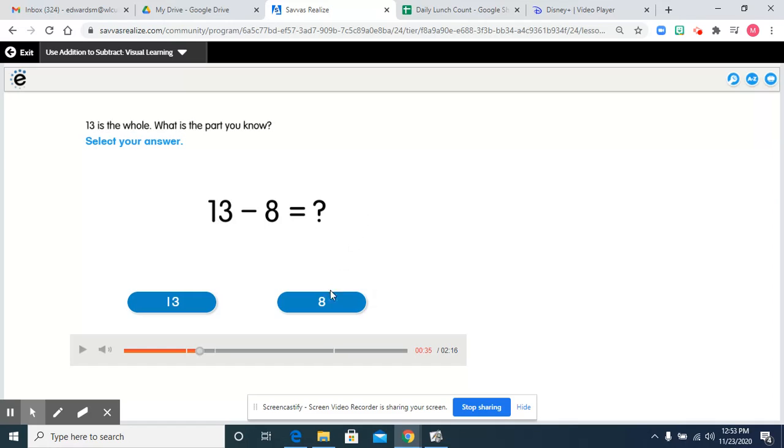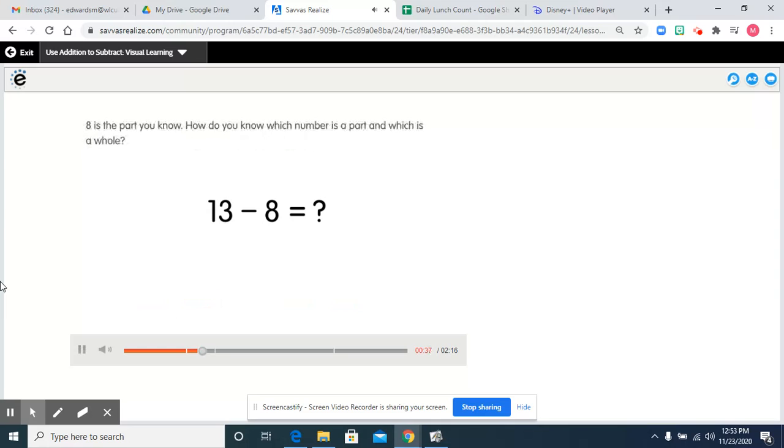It would be 8. 8 is the part you know. How do you know which number is a part and which number is the whole? 13 is greater than 8, so 13 must be the whole and 8 must be one of the parts. You will use addition to help you subtract.